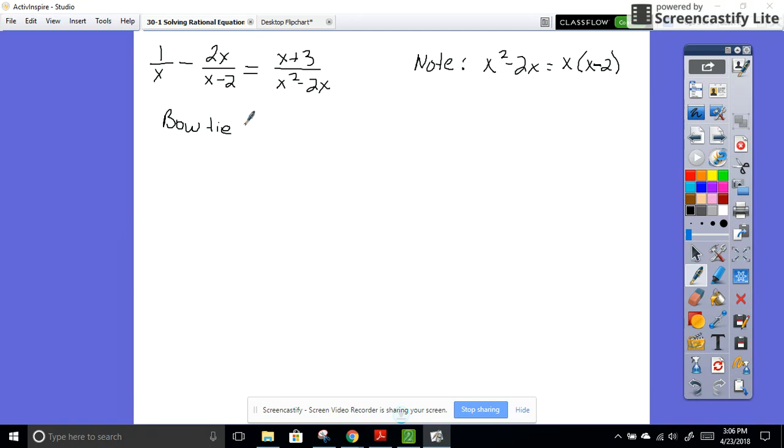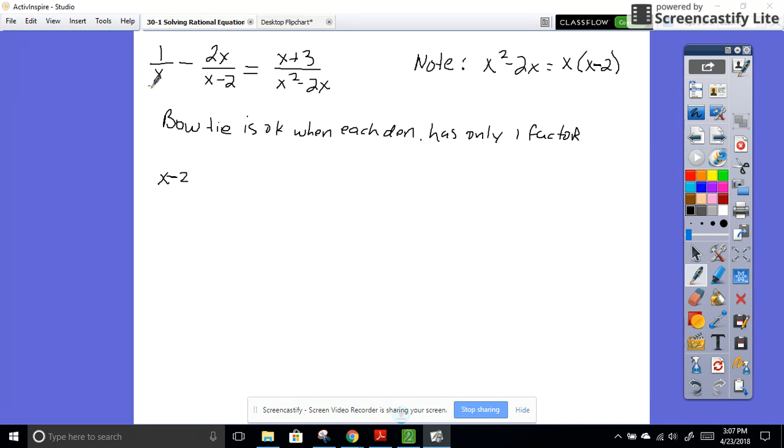Okay, bow tie is okay when each denominator has only one factor. Okay, so that's when it's okay. So I'm going to multiply x minus 2 times 1. Well, that's just going to be x minus 2.